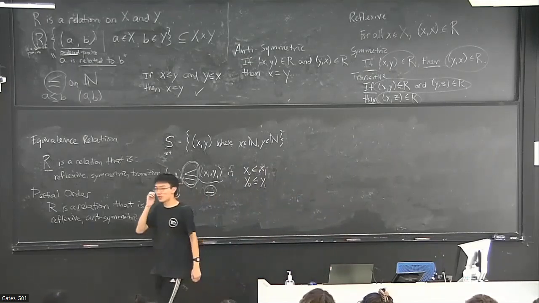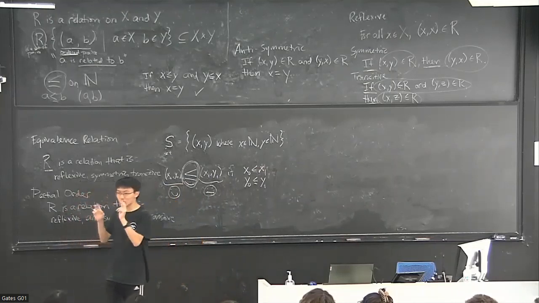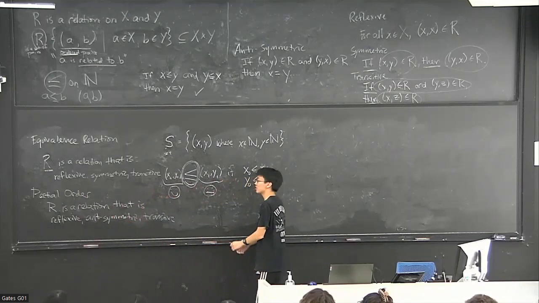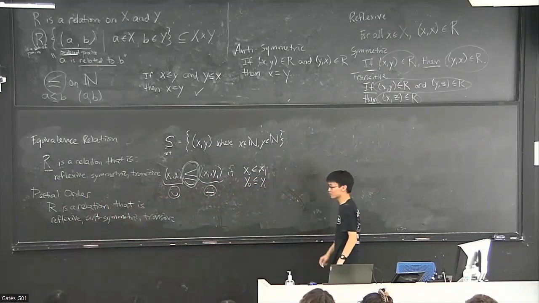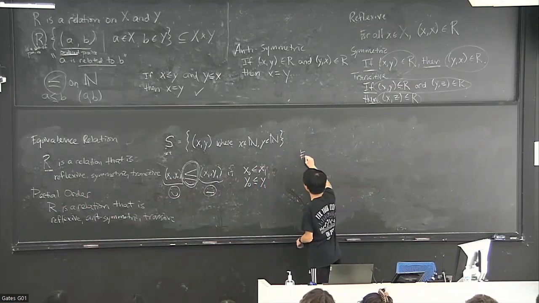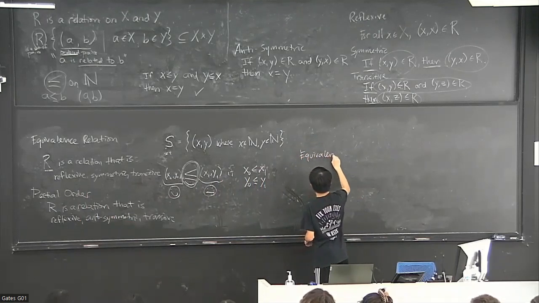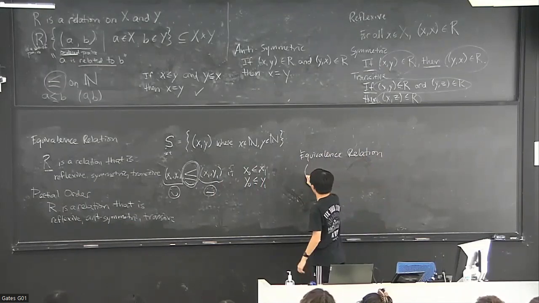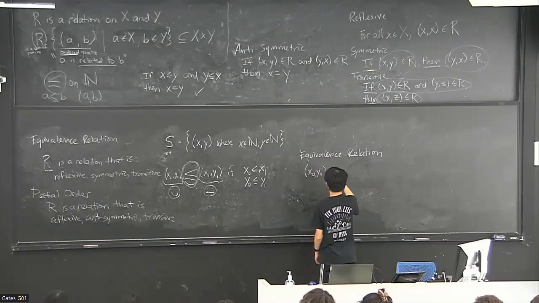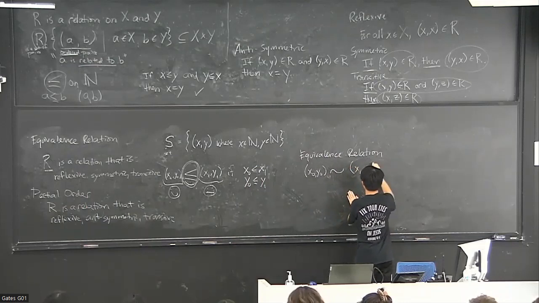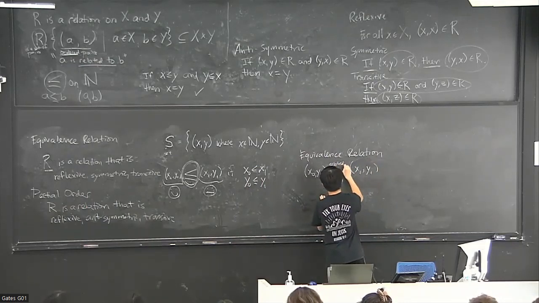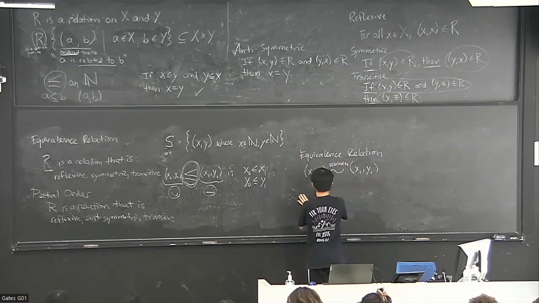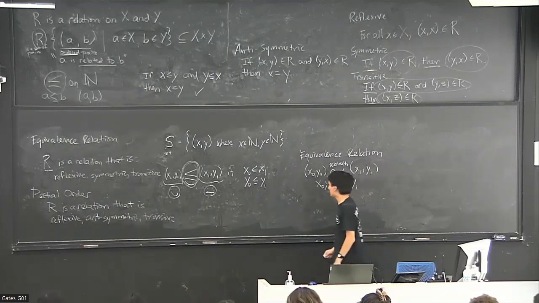An equivalence relation is a relation that's supposed to behave exactly like equal should. So maybe I'll make my equivalence relation like this: (x0, y0) is related to (x1, y1) if the product x0·y0 equals x1·y1.